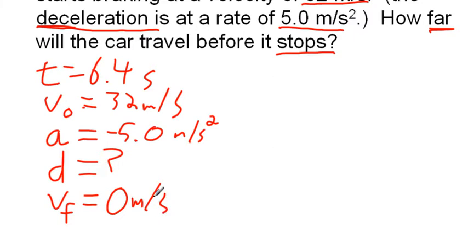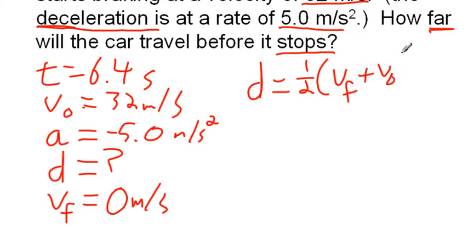So when we look at this, we see we have our time, we have our initial velocity, we have our acceleration, we're looking for our distance or displacement, and we have our final velocity. We have all of our variables, so this means that we can use any equation that has displacement. The easiest one in my mind to use is d is equal to 1/2 times vf plus v naught times time.